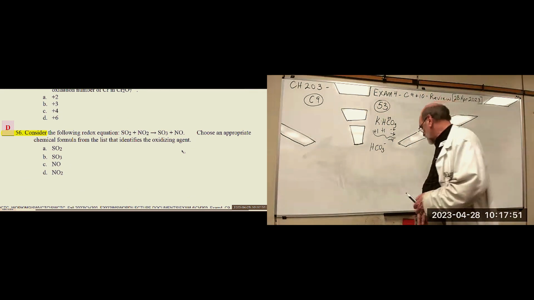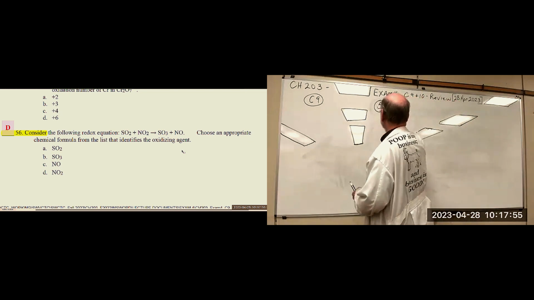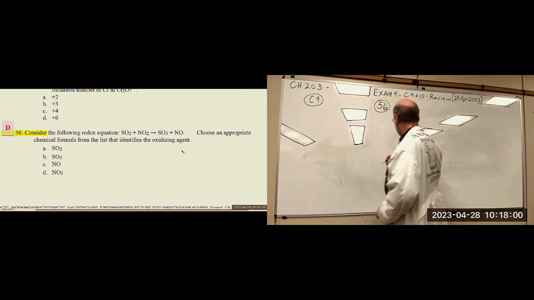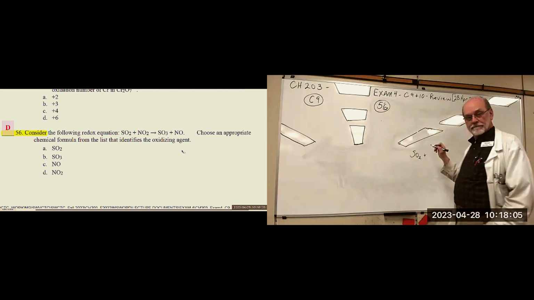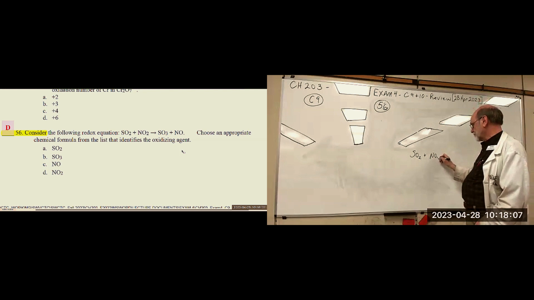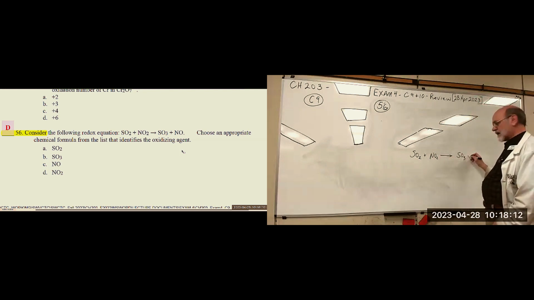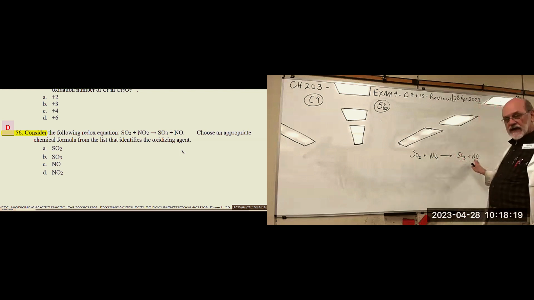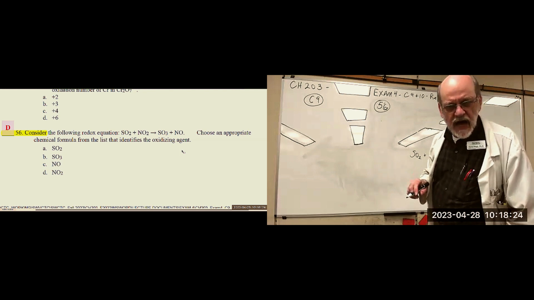Looking for the oxidizing agent in 56. So here's our equation. Sulfur dioxide, nitrogen dioxide, sulfur trioxide, and nitrogen monoxide. We want the oxidizing agent.